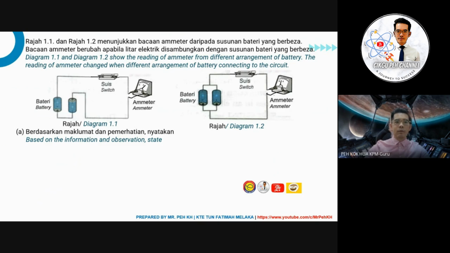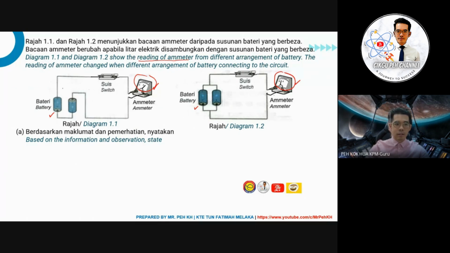Diagram 1.1 and 1.2 show the reading of the ammeter. So here we have the reading of the ammeter from the different arrangements of the battery. We also have 2 different arrangements of battery in diagram 1.1 and 1.2. So the reading of the ammeter changes with the different arrangement of the battery connected to the circuit.